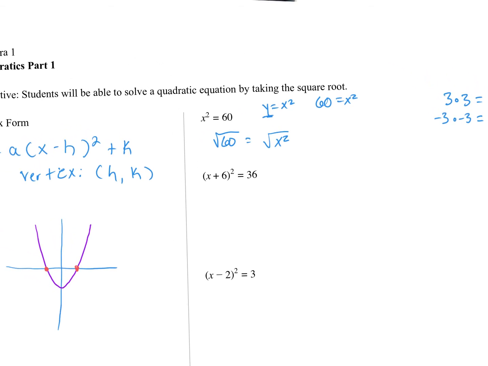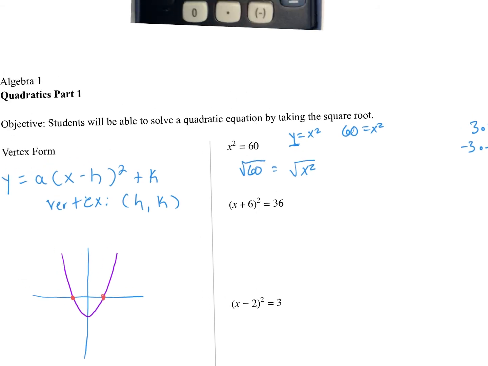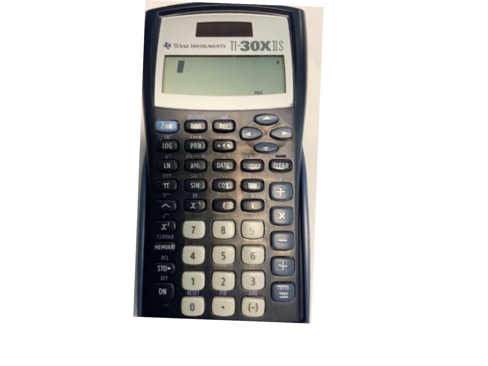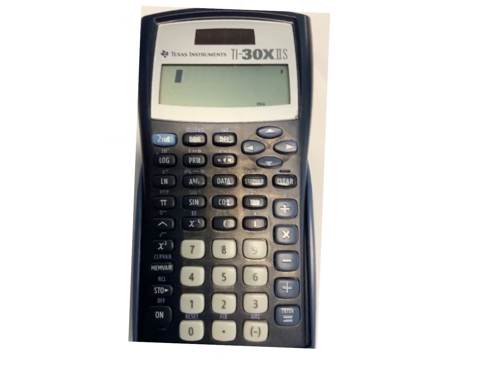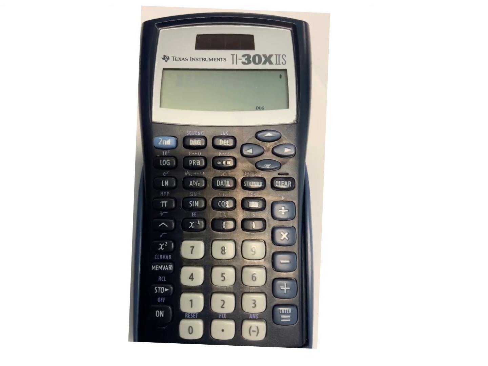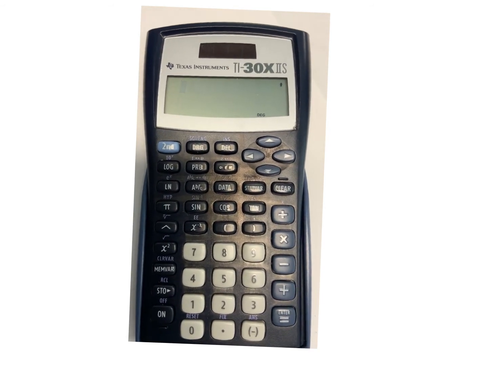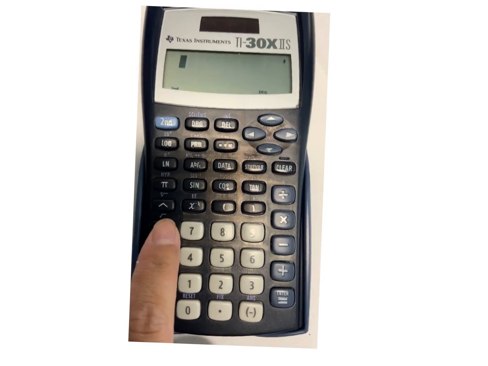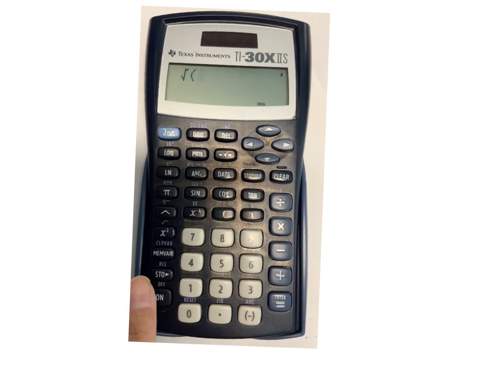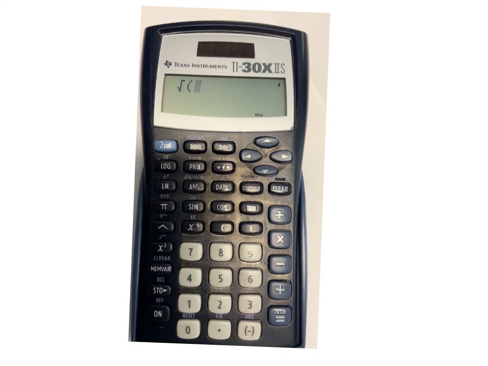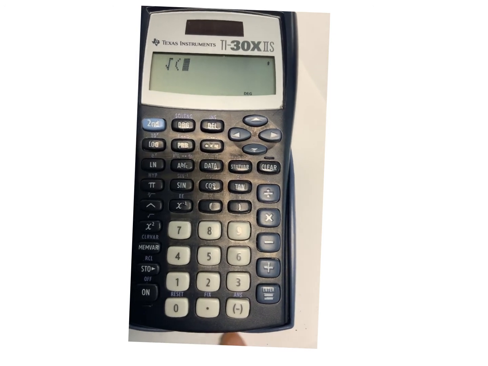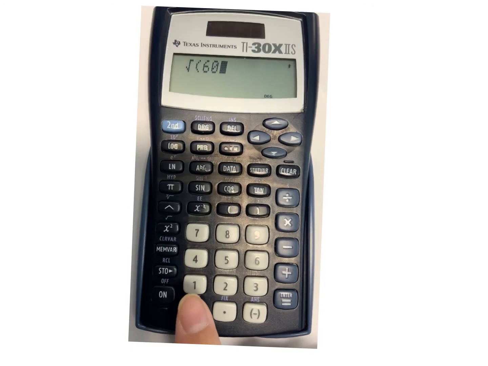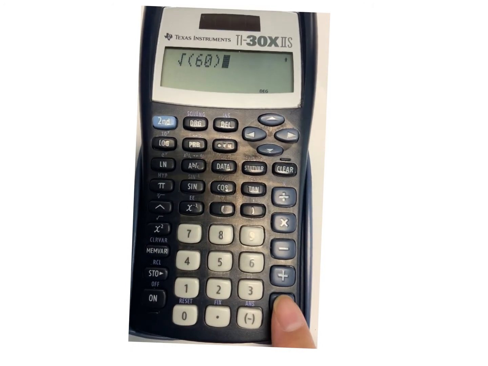So here, I'm going to show you how we take the square root of 60 on our calculator. Let me make this bigger. To find the square root, all we have to do is press second, then press this x squared button right here, and you'll see a square root sign there. And then we're going to press 60 from our example, and then press enter.